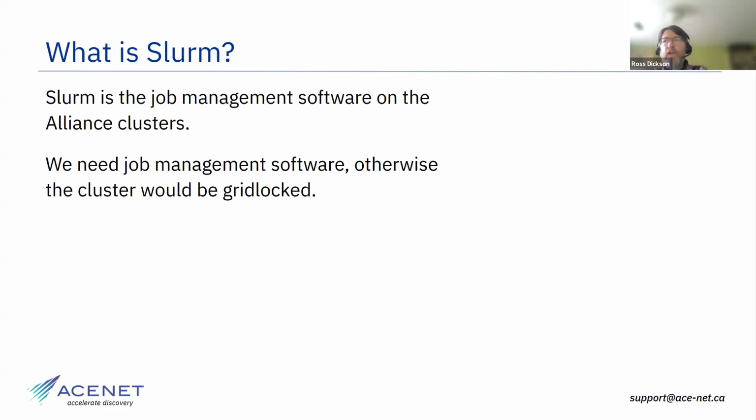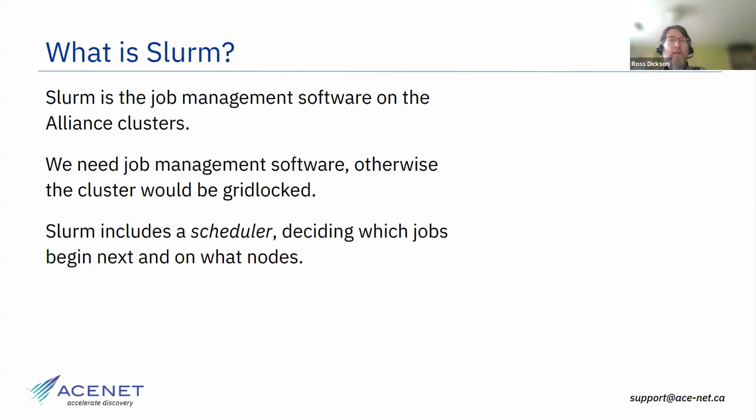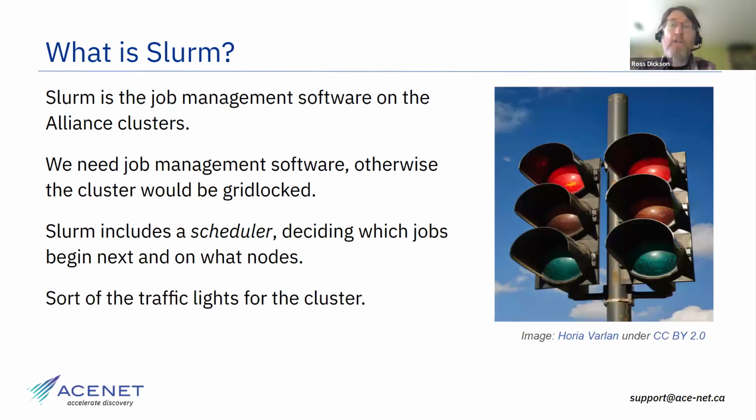The point of Slurm or the scheduler is that we've got hundreds of users on these clusters, all trying to run multiple jobs. We need some sort of sense of order to keep things organized. The main thing Slurm does, which I just described, is scheduling: deciding which job begins next and on what nodes. It's sort of like the traffic cop for the cluster.